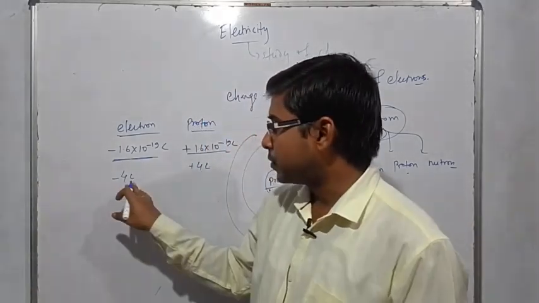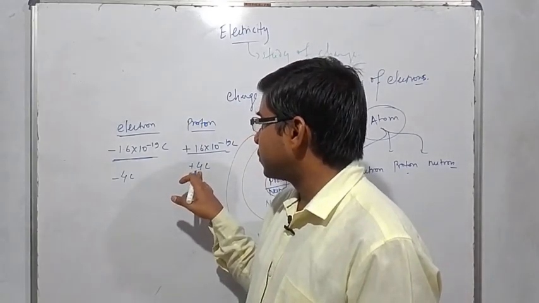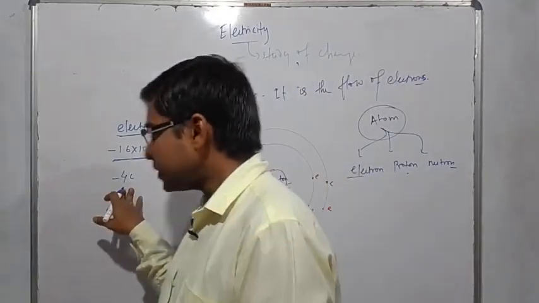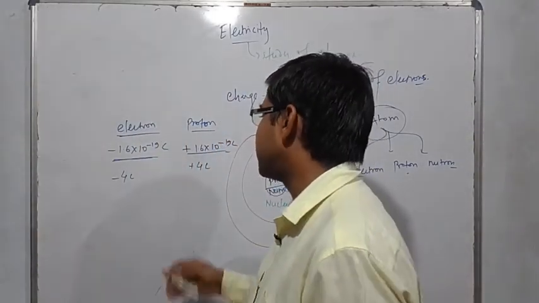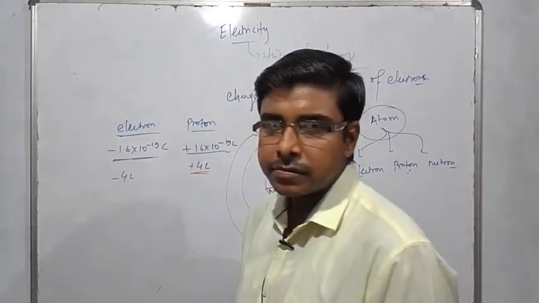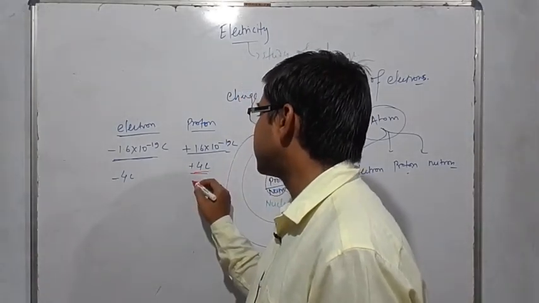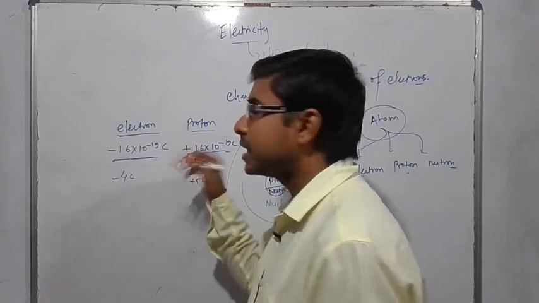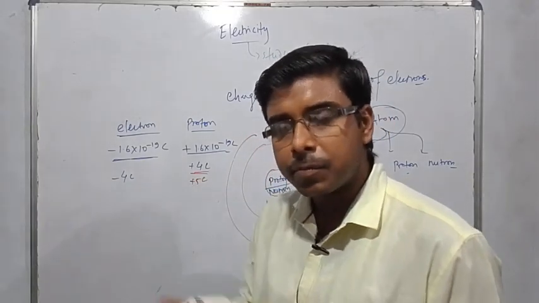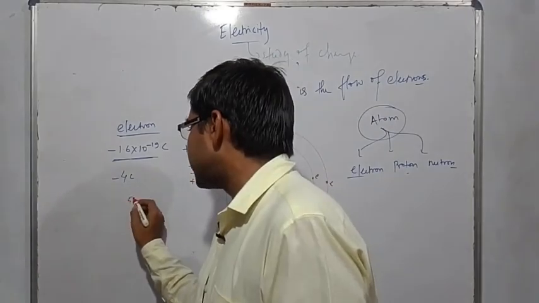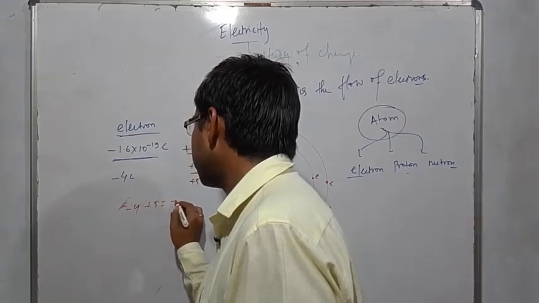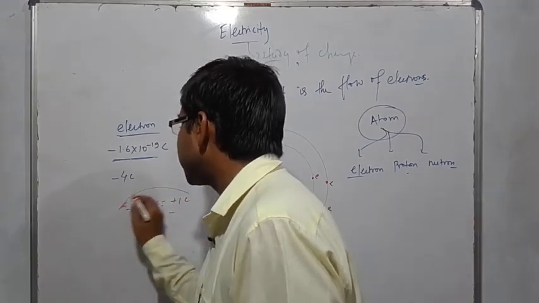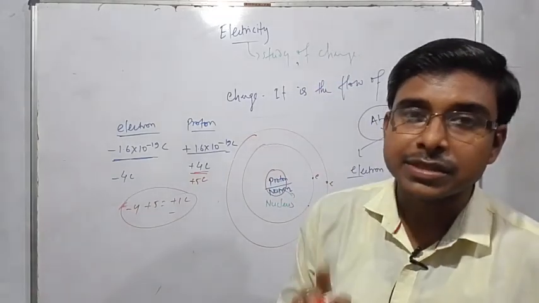If I somehow increase the value of protons, let it be 5 coulomb, meaning I added a certain number of protons. Now if I take the difference, that is minus 4 and plus 5, that will give you plus 1. That means we can say that the body is positively charged.